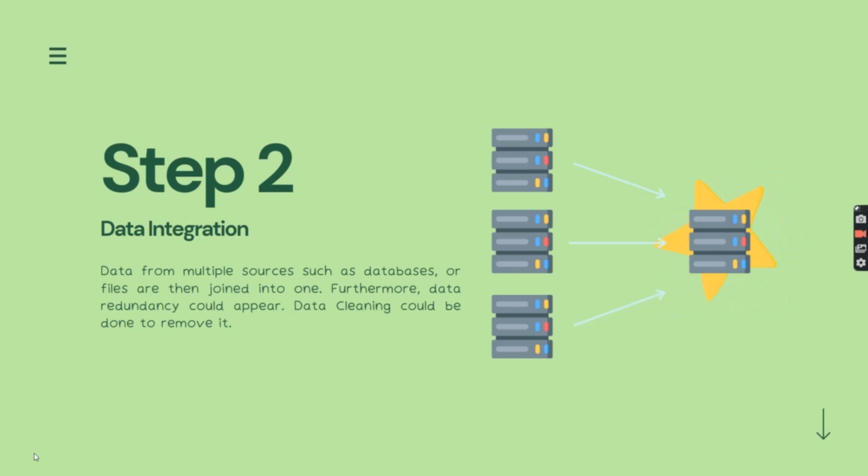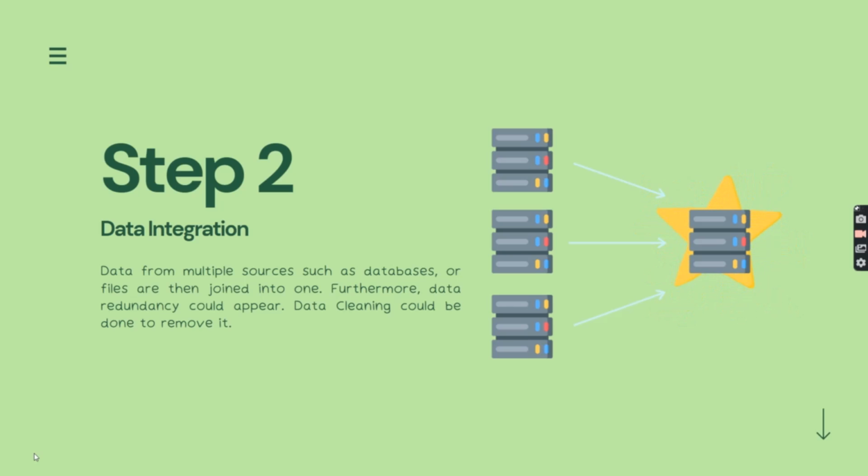Step 2 would be data integration. Data from multiple sources, such as database or files, are then joined into one. Basically, think of it as your school papers are kept in 3 different USB flash drives. It would be confusing and disorganized, right?